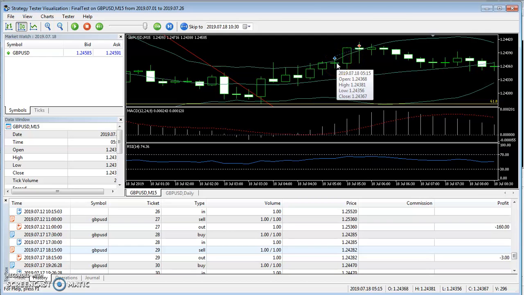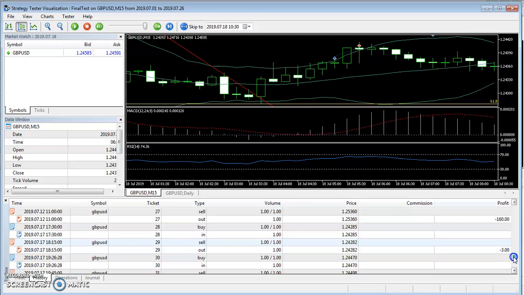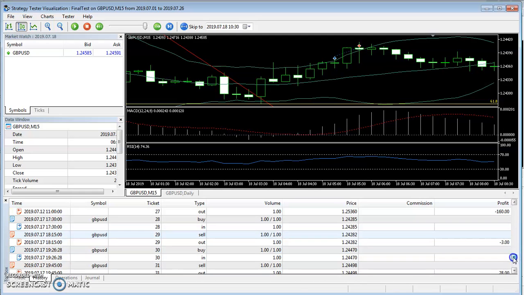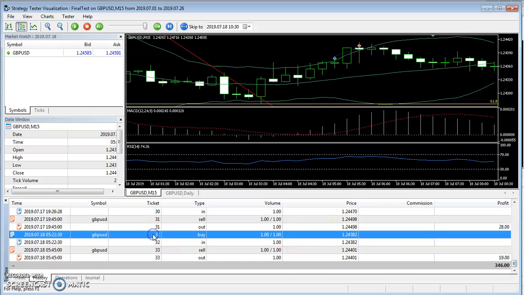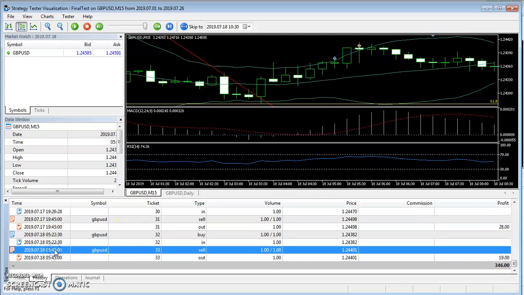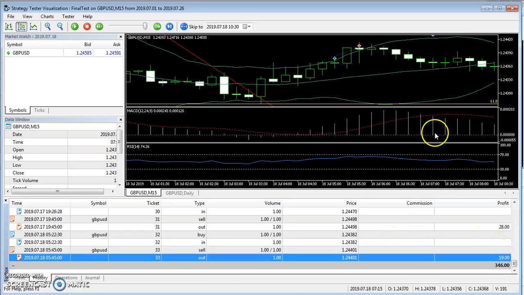So see here that this is the 18th at 5:15. This one is number 32. It opened at 5:22 and closed at 5:45, and it took a $19 profit.